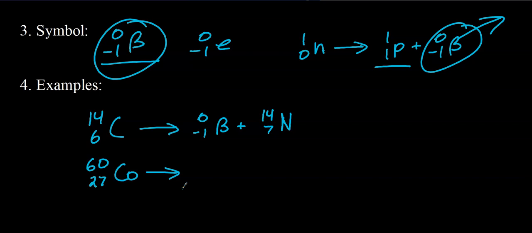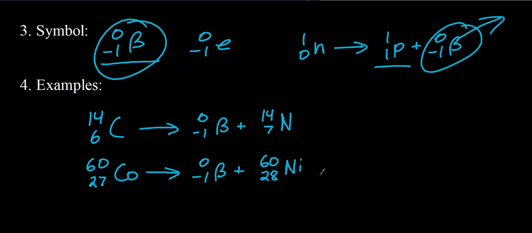On the right side, we'll put our beta particle and then balance mass and charge. So of course, there's no change in mass. Charge increases by 1. And what has a nuclear charge of +28? That would be nickel. So cobalt-60 transmutates to nickel-60.